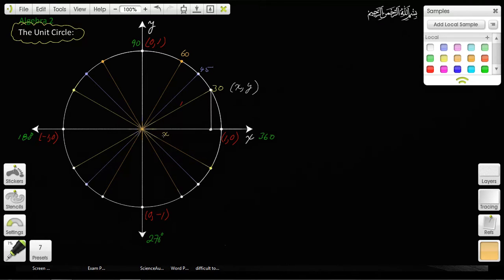And this distance from here to here, if I could approximately do it like this, would be the corresponding y value, correct? So if I draw this triangle over here, and the perpendicular line like this, then you appreciate that the x coordinate would be this side of the triangle, and the y value would be this side of the triangle. So that's the first thing you have to understand.